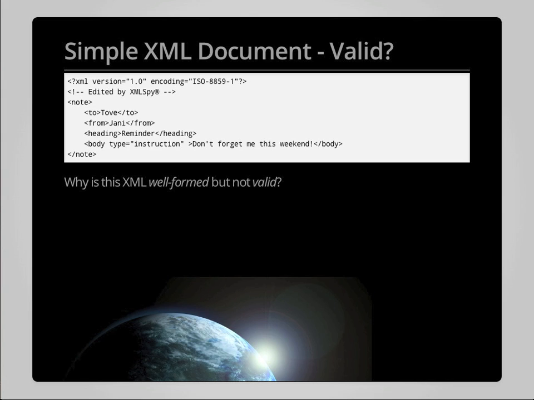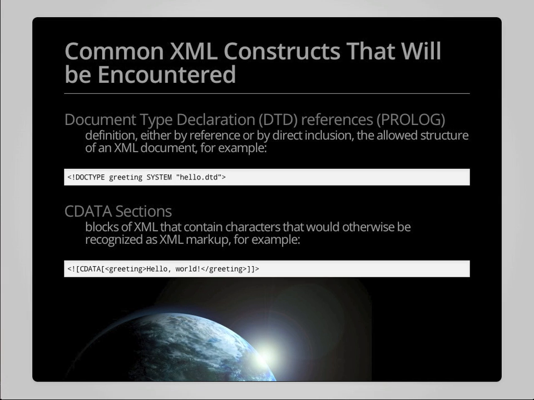And there are some additional elements in XML that you may also encounter. First is a document type declaration within the prologue. Within that, there's actually the specification of a particular DTD within the prologue that can be included either by reference or actually by injection into the document itself that defines the structure of the document for validation.